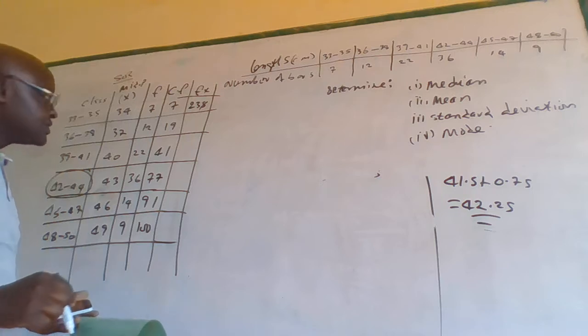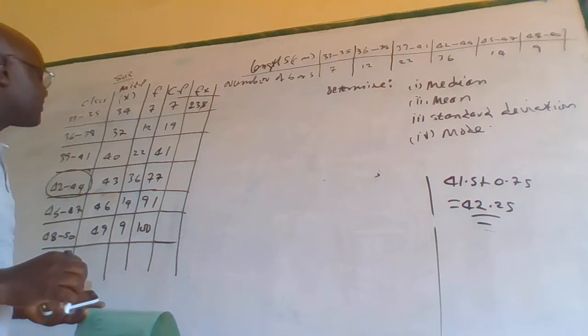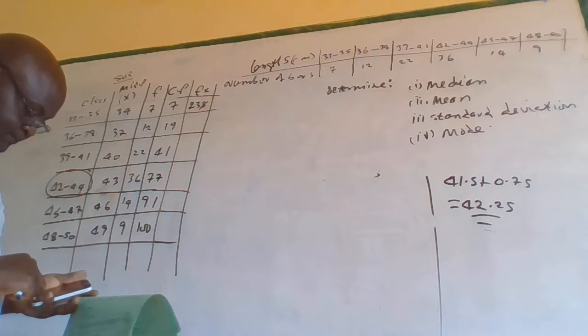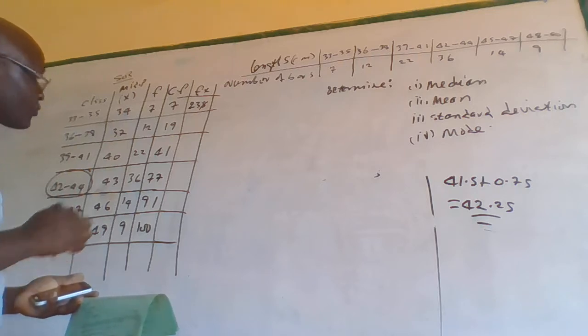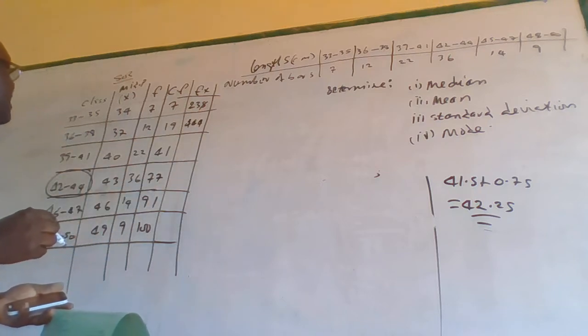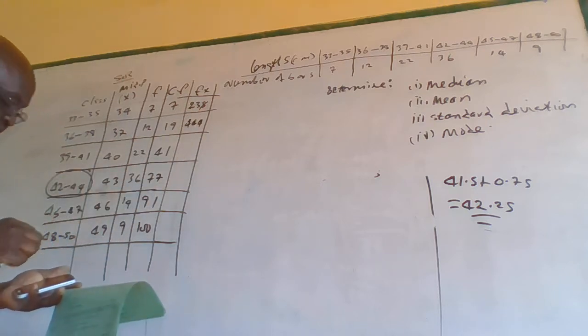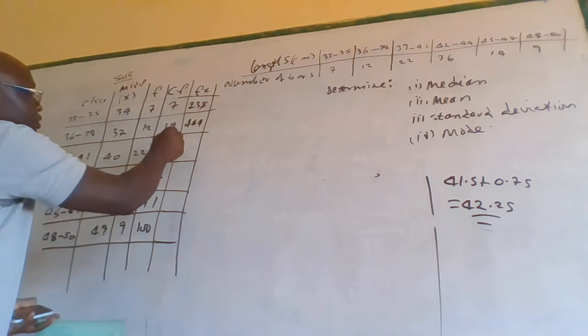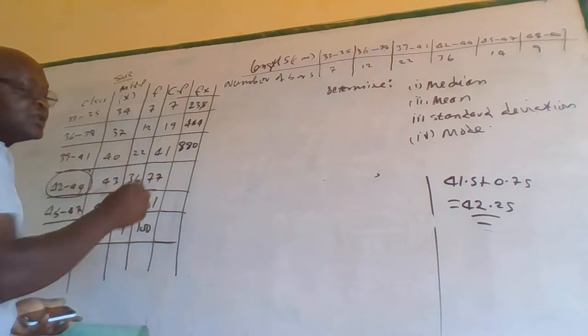We have 238, and then we have 37 times 12. We have 444. Then we have 40 times 22. We have 880.